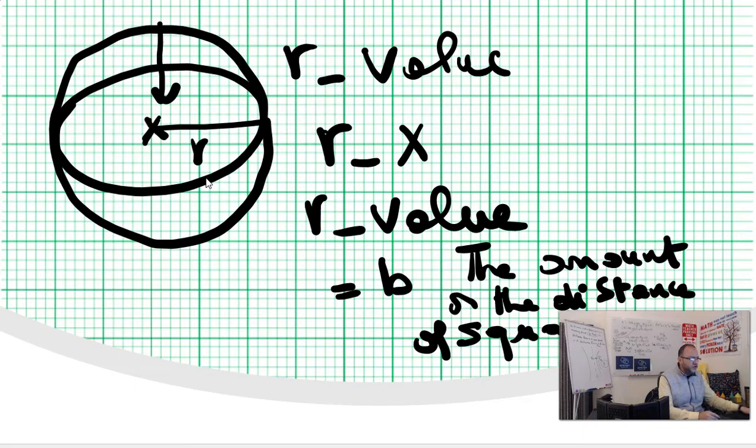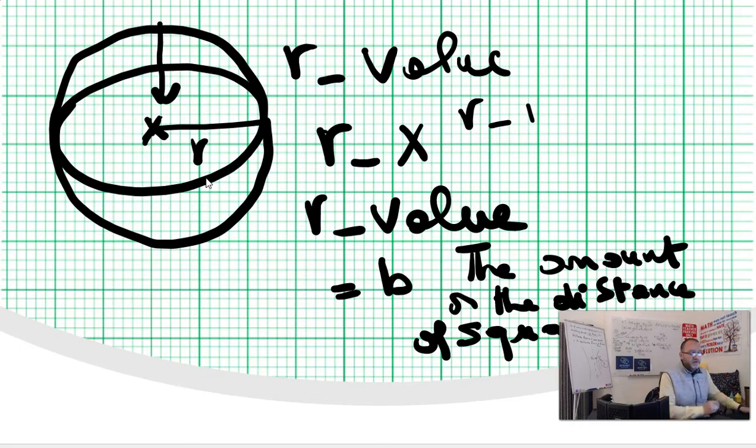And once we squish it, the horizontal component stays as r, the radius of that circle. However, the vertical component changes to r minus a value. If r is 5, it could be r minus 1, or r minus 2, or r minus 1.5. And that's fine, that's perfect.